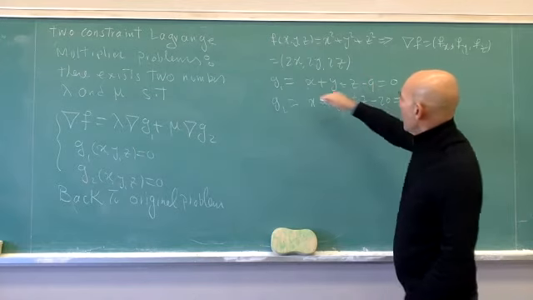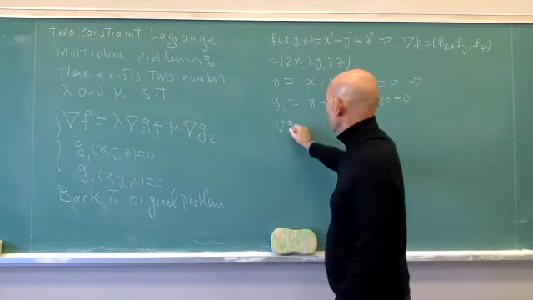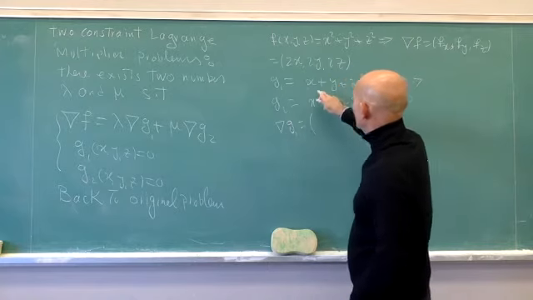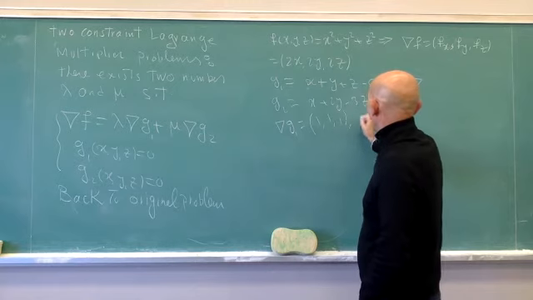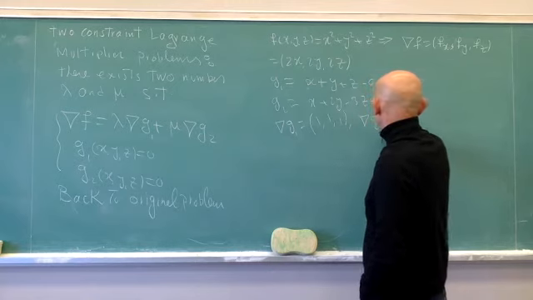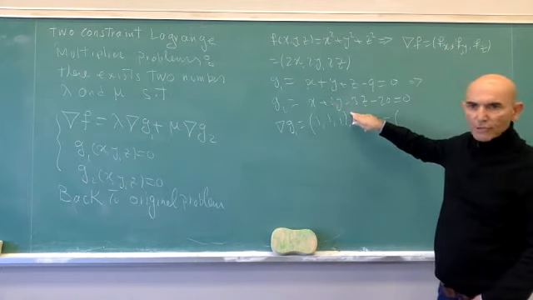So here we can find the gradient of g1, which is equal to (1, 1, 1), and the gradient of g2, which is equal to (1, 2, 3).